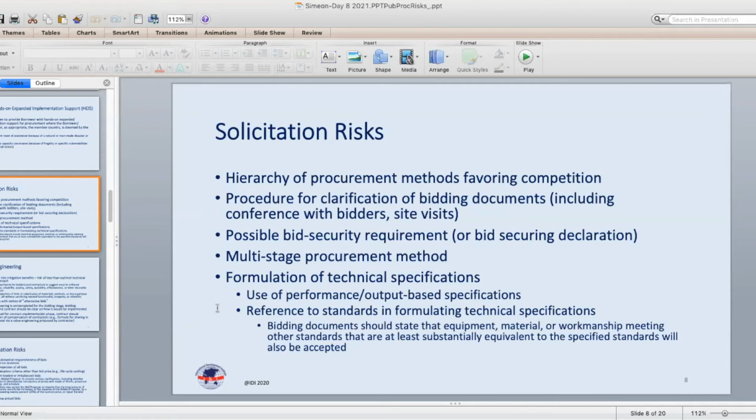Another way of mitigating solicitation risks related to the point I just made is about how the technical specifications are formulated.